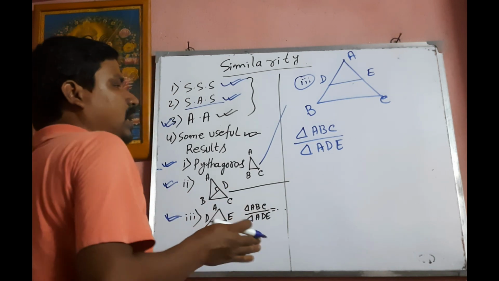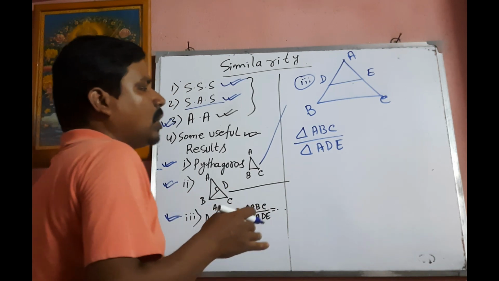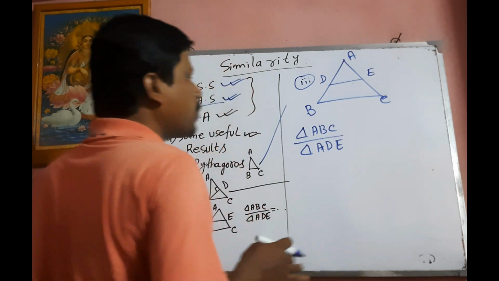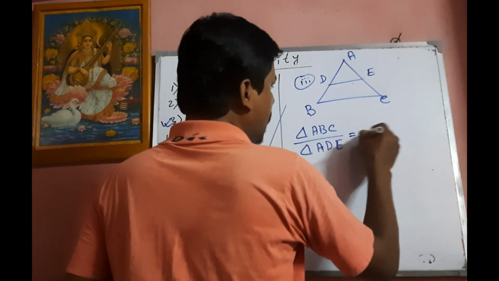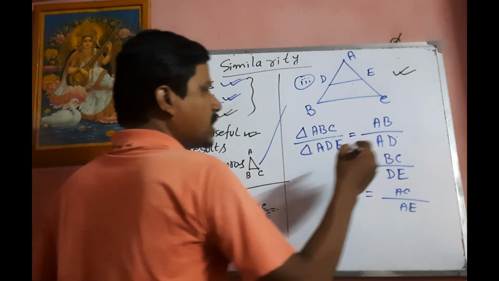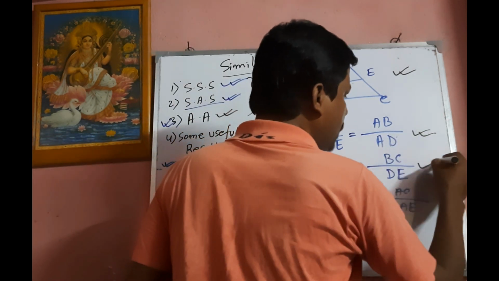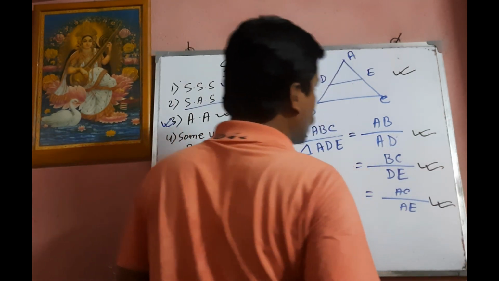Using the similar triangle property, we can say the area will be in the ratio of their same-direction sides.